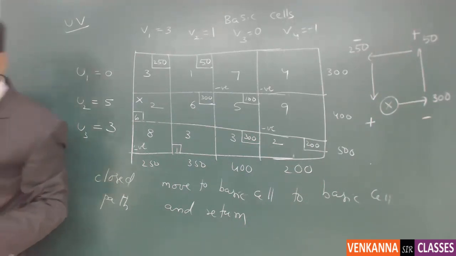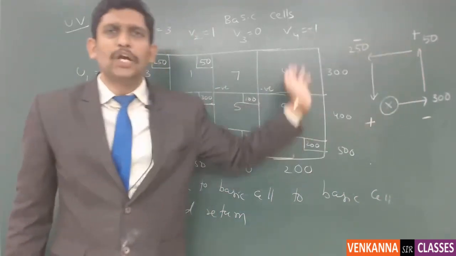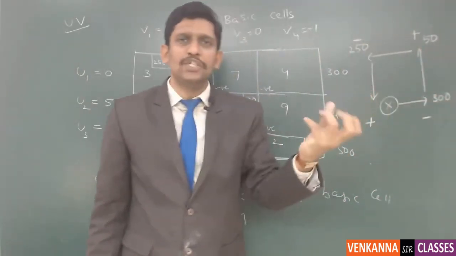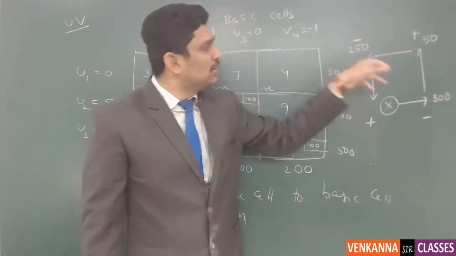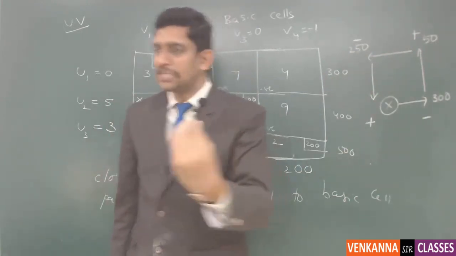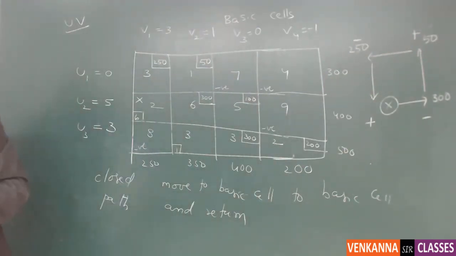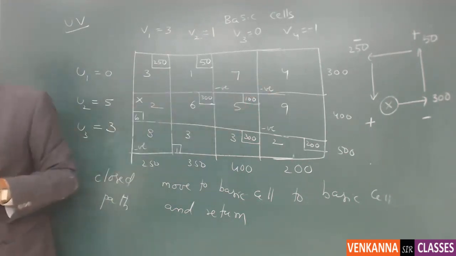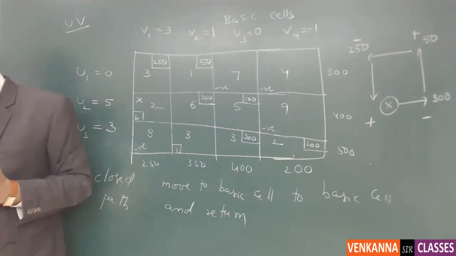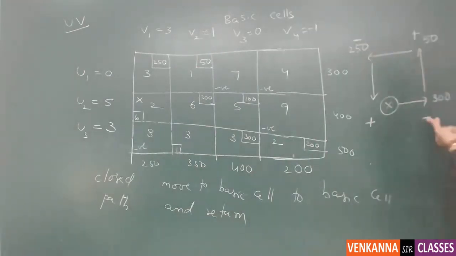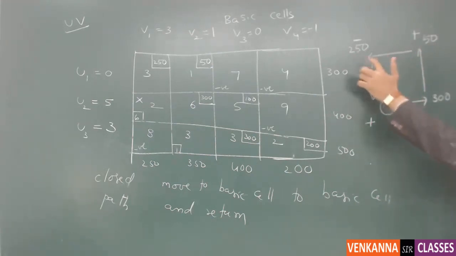Right. So generally, after forming a closed loop, in the allocation numbers, some values are positive, some values are negative. In the negative values, you take the smallest value. So what is the smallest value there? See the closed path I have written there. This is plus, minus, plus, minus. I have two negative values, among which 250 is the smallest.